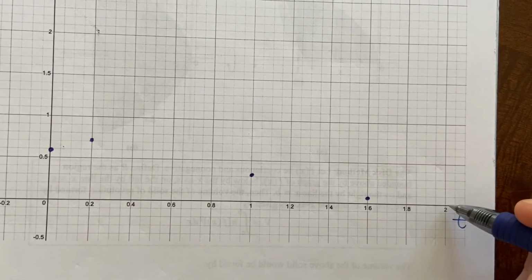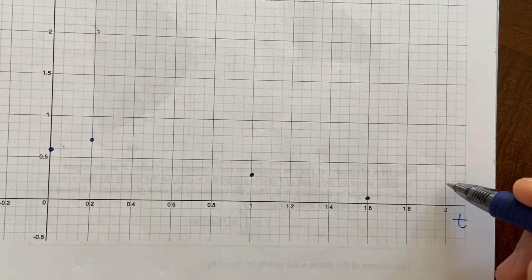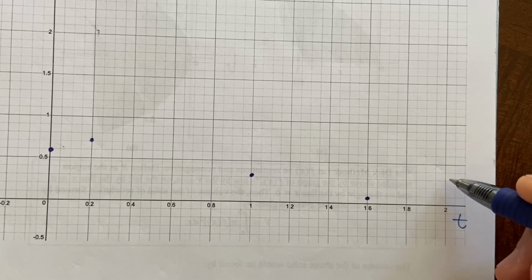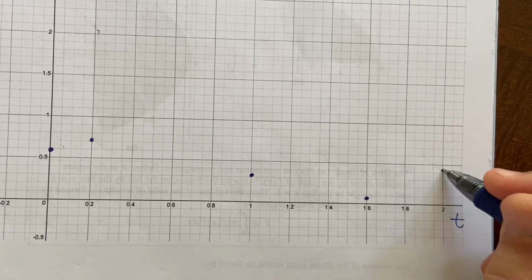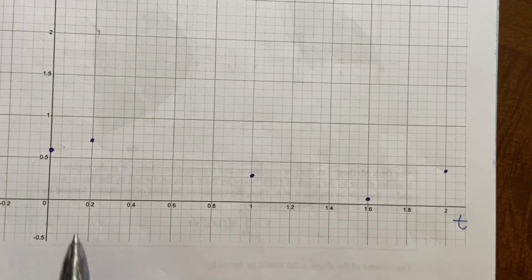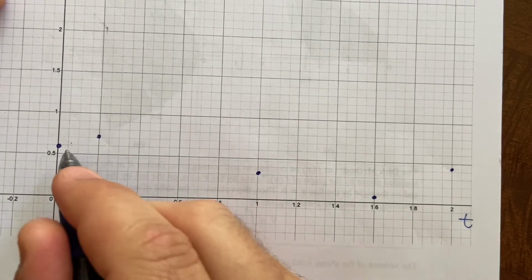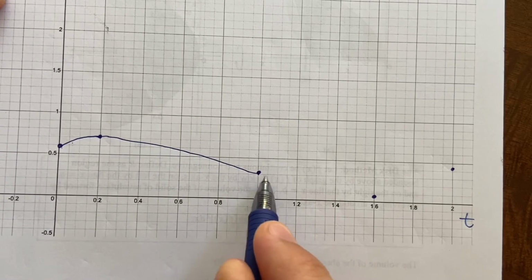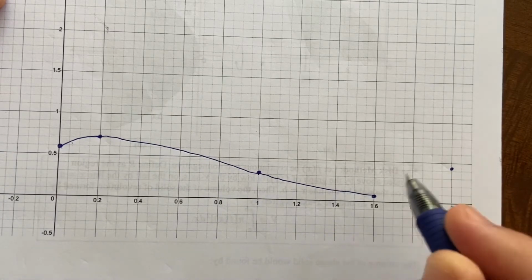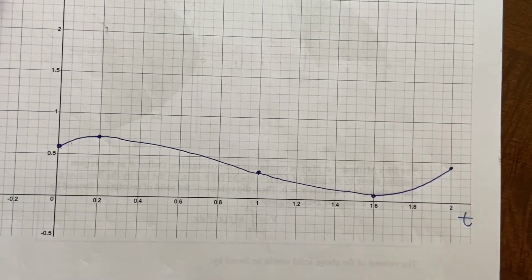So over here at 2, about 0.5, a little bit less though. Okay, so I'll go ahead and draw this curve. We have this essentially going on. All right.